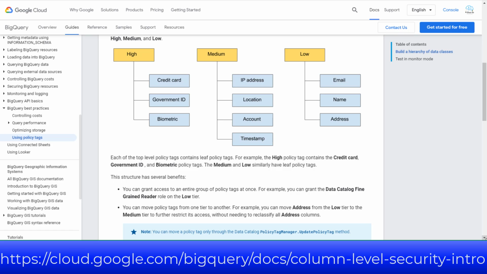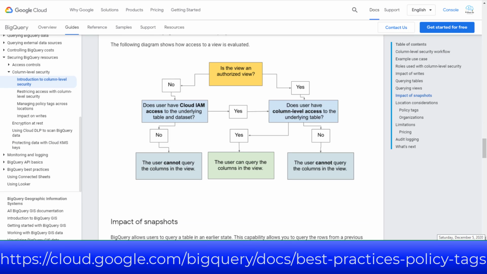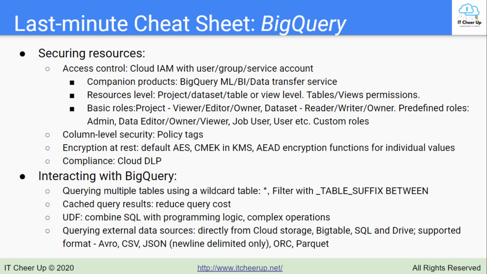The impact of column-level security on views is independent of whether or not the view is an authorized view. In both cases, column-level security is enforced transparently.